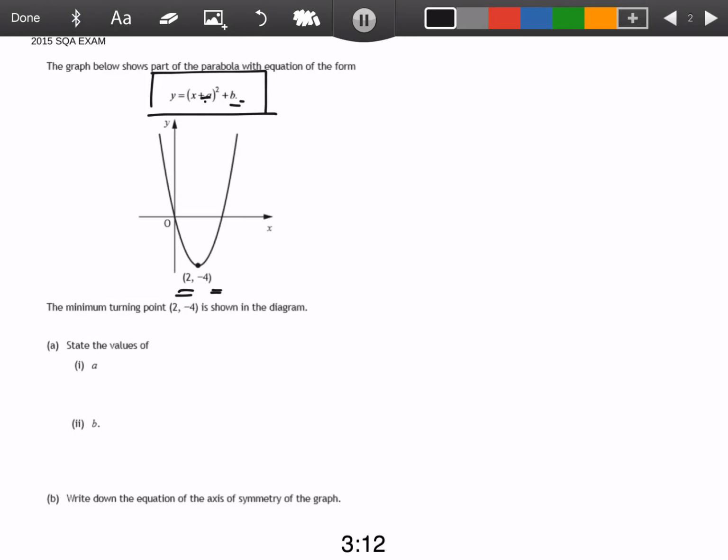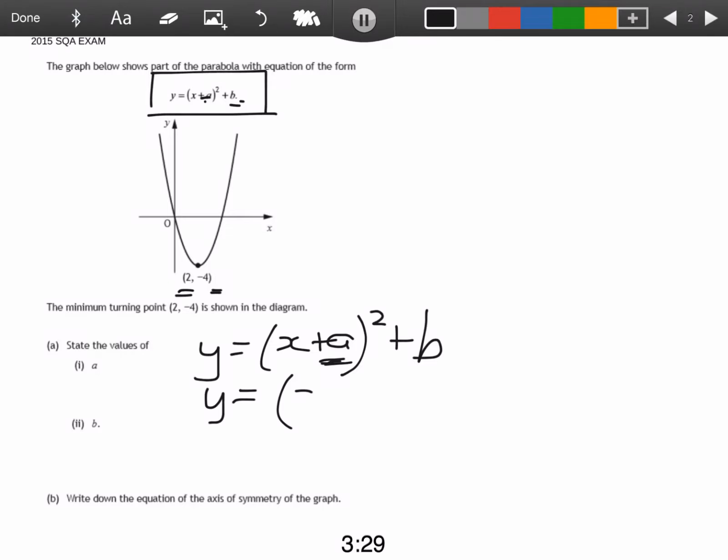It says y is equal to x plus a in a bracket squared plus b. Remember, for our equation, it's not x plus 2, even though this is the positive number 2 on that number line. It's actually x minus 2 in the bracket.